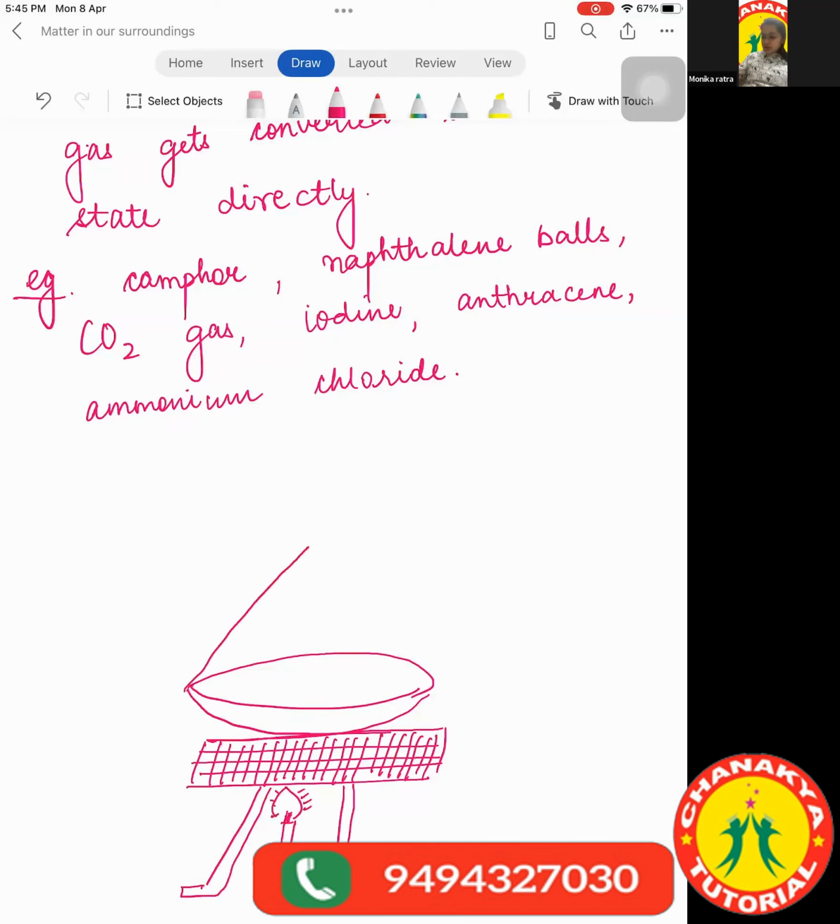So this is the setup of sublimation which we do in the labs.